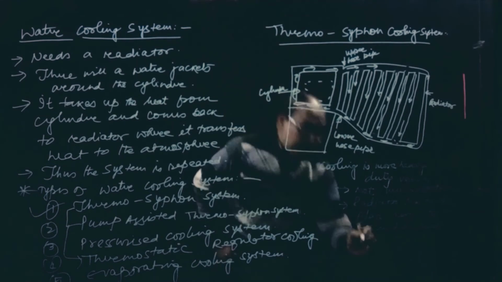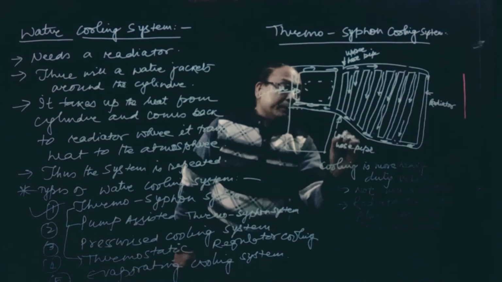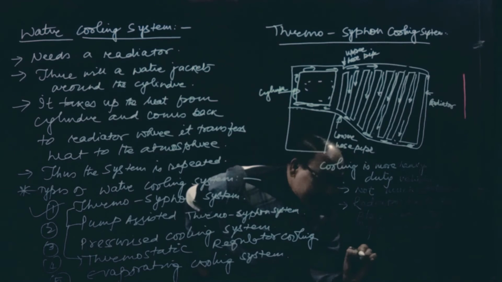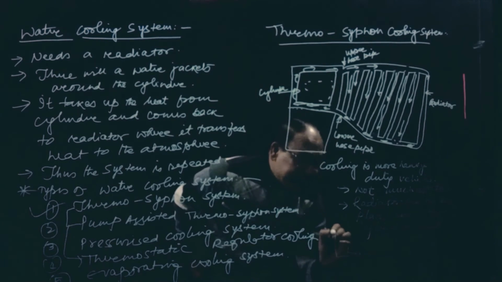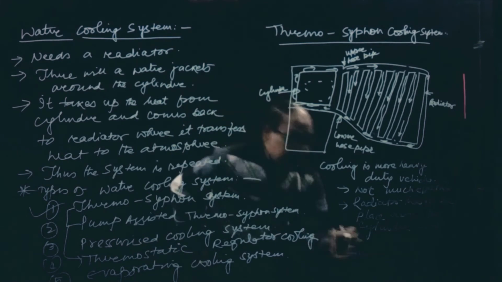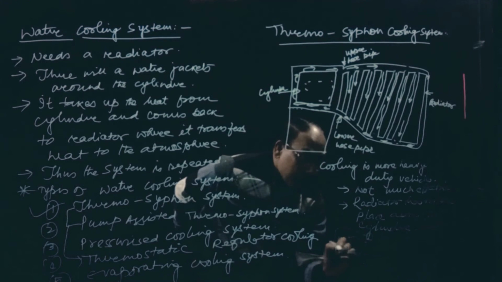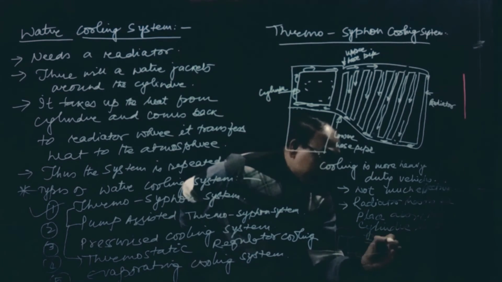See, pump means like this. Here in the lower hose pipe, if we can put the pump like this, okay, and this is the cylinder, suppose, then from cylinder using this one thermostatic regulator, okay, this is thermostatic regulator, then what will happen?